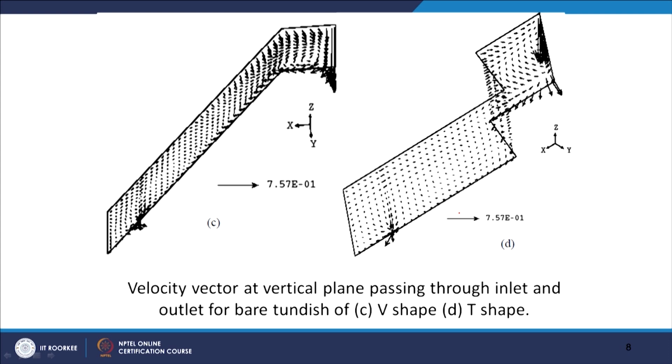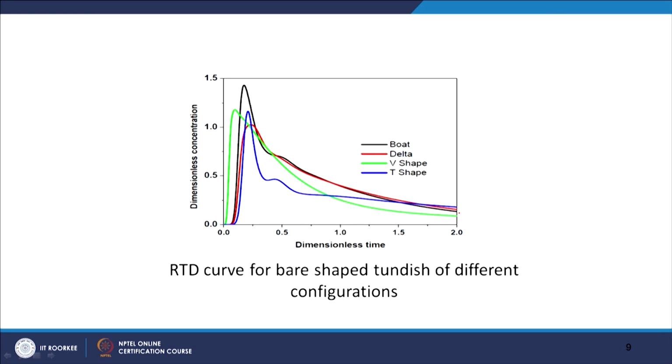Similarly, on the plane of the V shape and T shape, you can have a view of these velocity vectors on those vertical planes on which the inlet and outlet are situated.